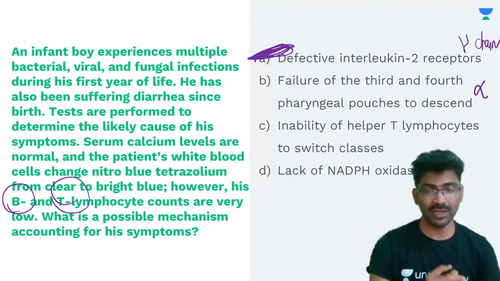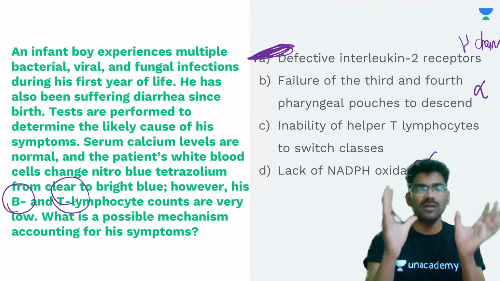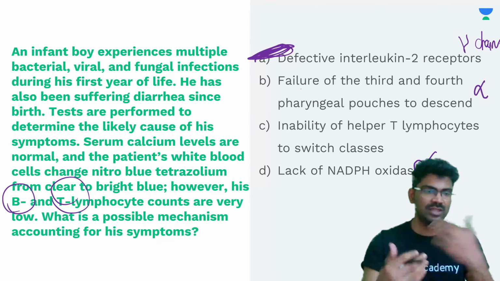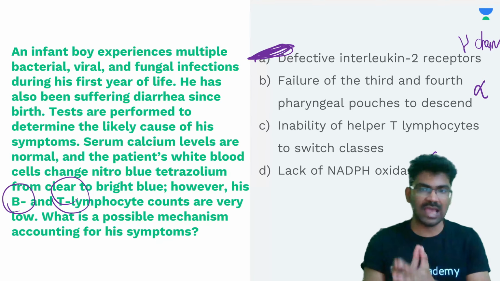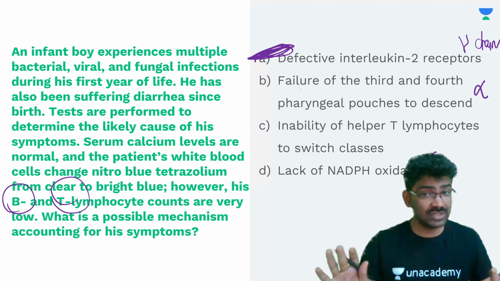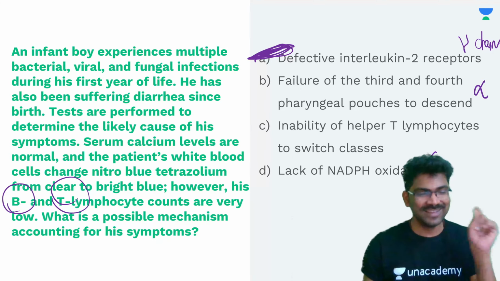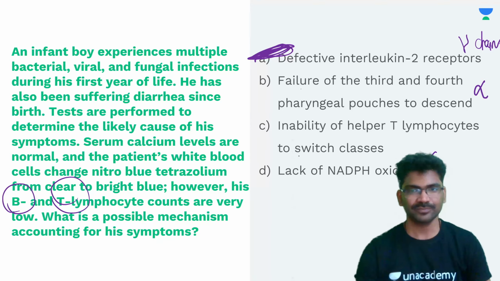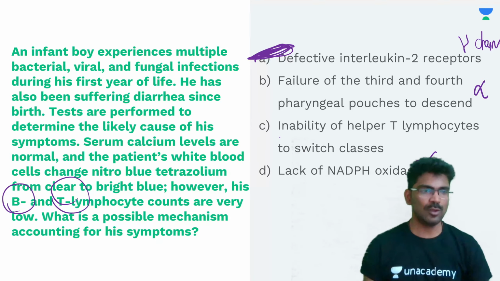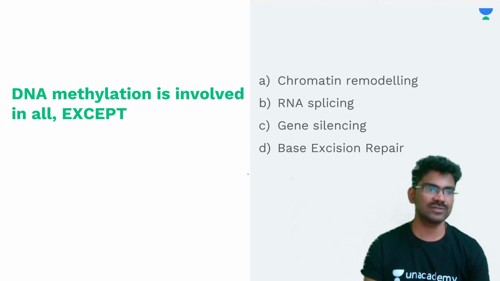Getting my point? So it will be your plasma cells which will switch the immunoglobulin heavy chain class. Light chain class is not going to be switched. It is the heavy chain class which will be switched. Right. So I hope you understood this clearly. So we can go to the next question.